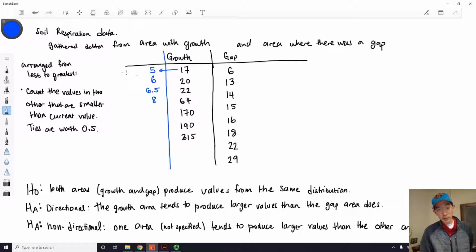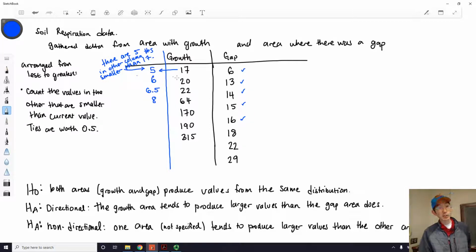There are 5 numbers in the other column smaller than 17. So I say, here's 17. How many values are smaller than 17? Okay, 6 is smaller, 13, 14, 15, and 16. So there's 5 values in the other column that are smaller.